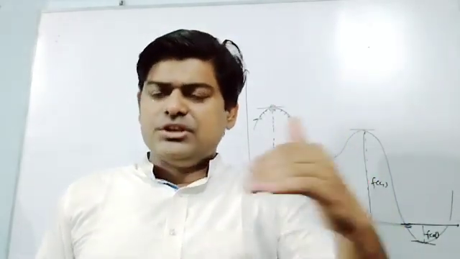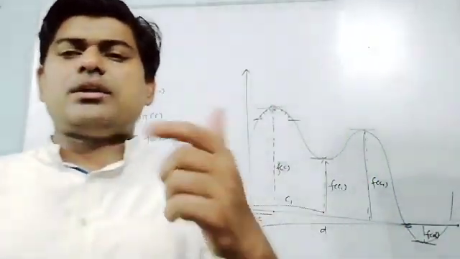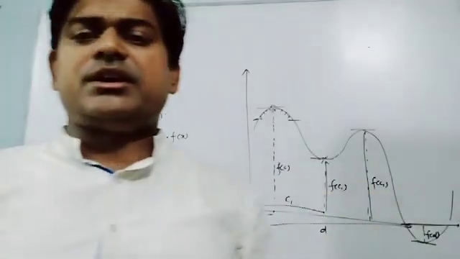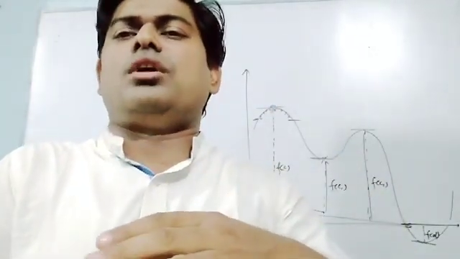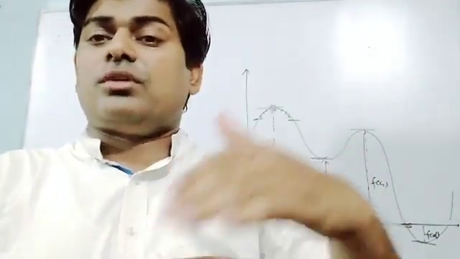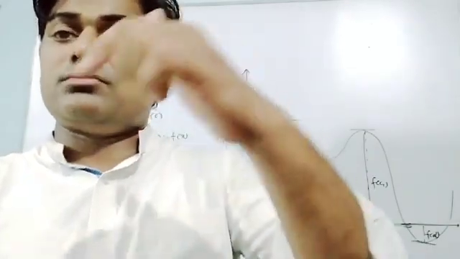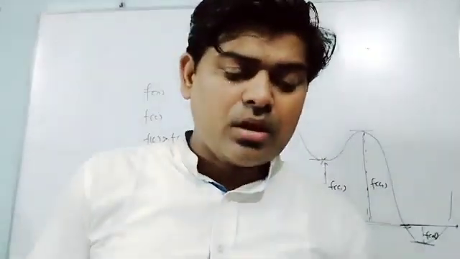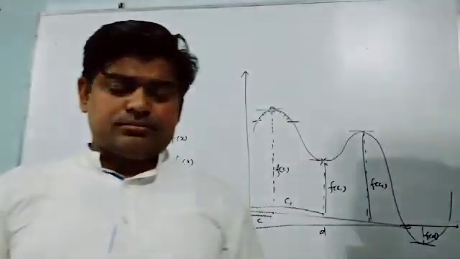And from these values only I can say yes, this is the absolute maximum value of this function, and this is the absolute minimum value of this function. So that is one way.